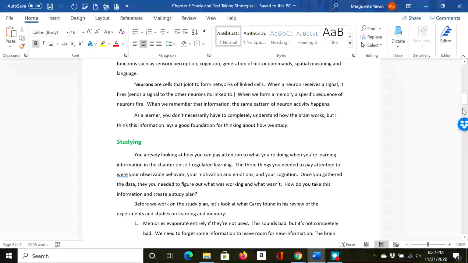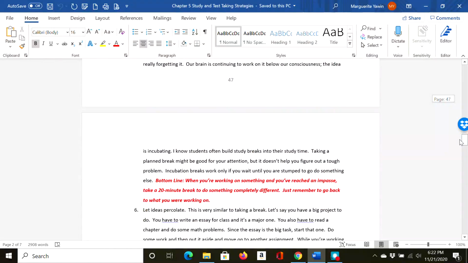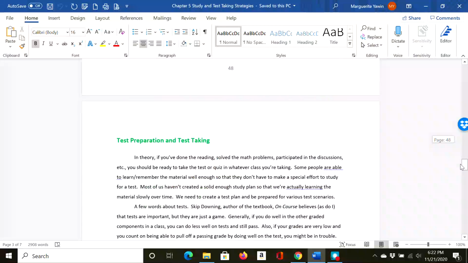What I tried to do was to distill all of this work into a couple of key ideas about how we learn, and so possibly how best to study. So I've summarized things, and then I've written what the bottom line is. And I bolded it, and I put it in red because I know that'll jump out a little bit. Okay. From that, we look at test preparation and test taking.